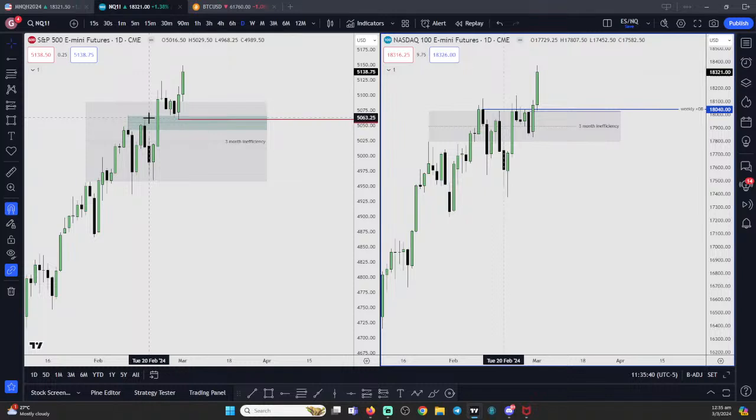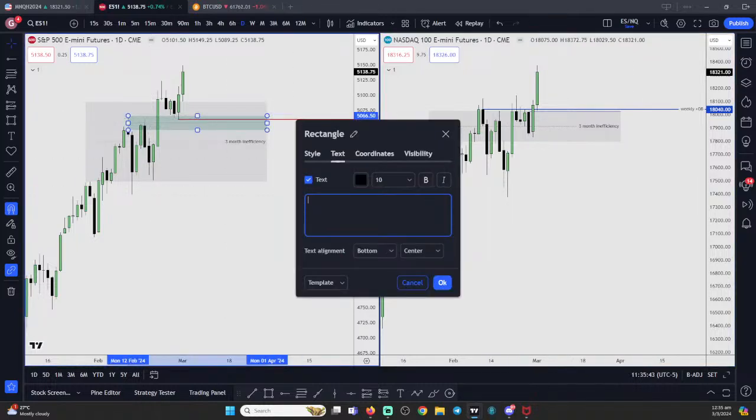And then we have this weekly order block, premium week. It's a really long name here.